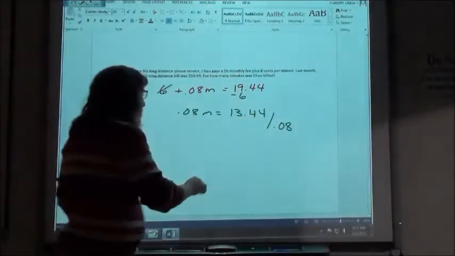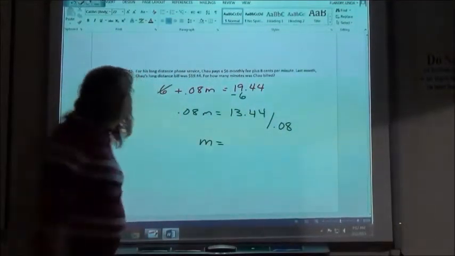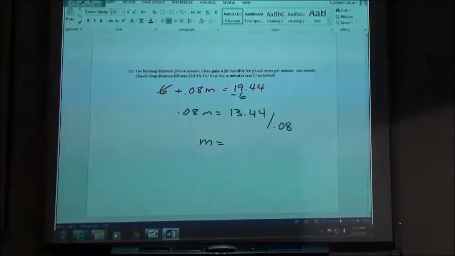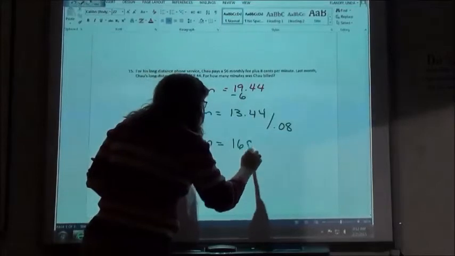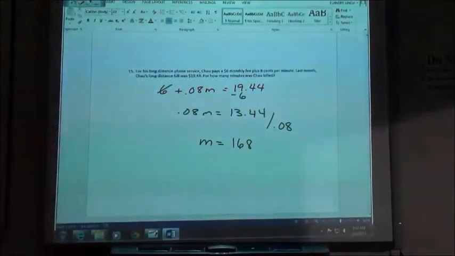And the calculator will be active on these ones, so you can use your calculator. If you take 13.44 divided by 0.08, 168. Taking your word for it, I'm not doing it in my head.